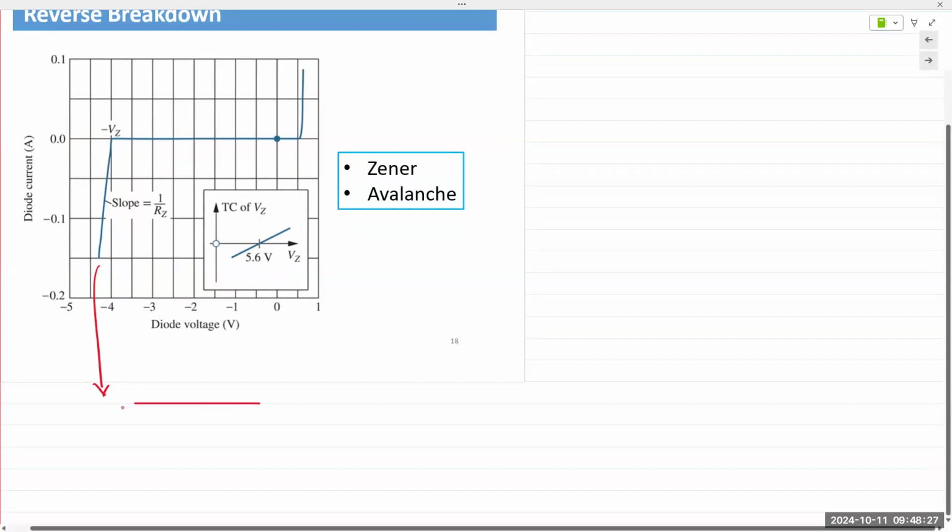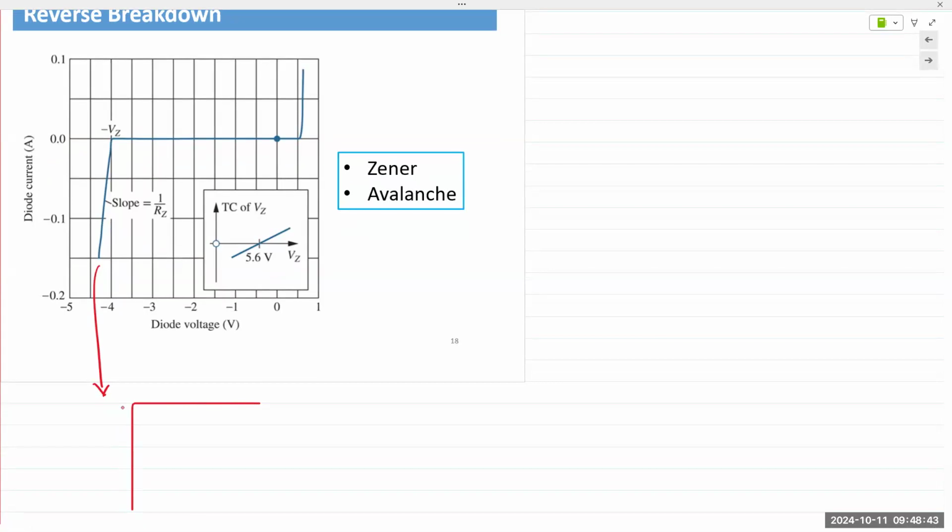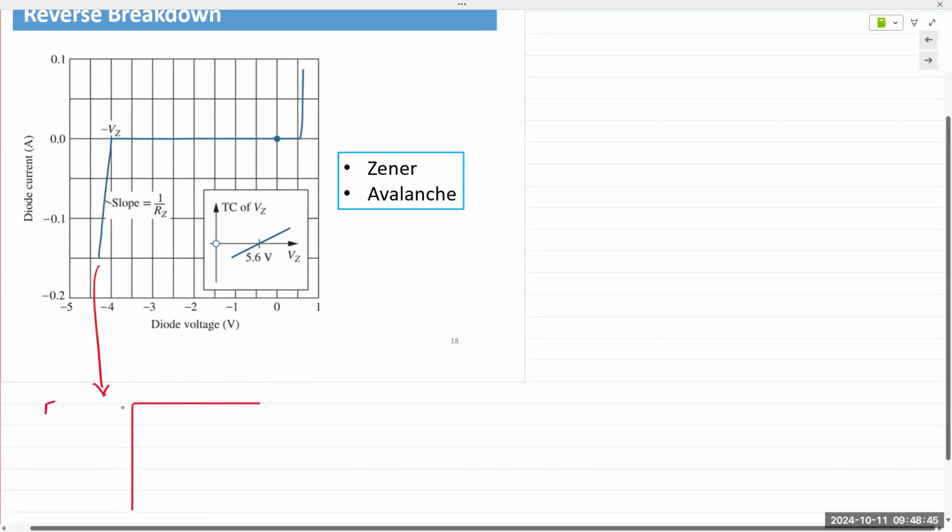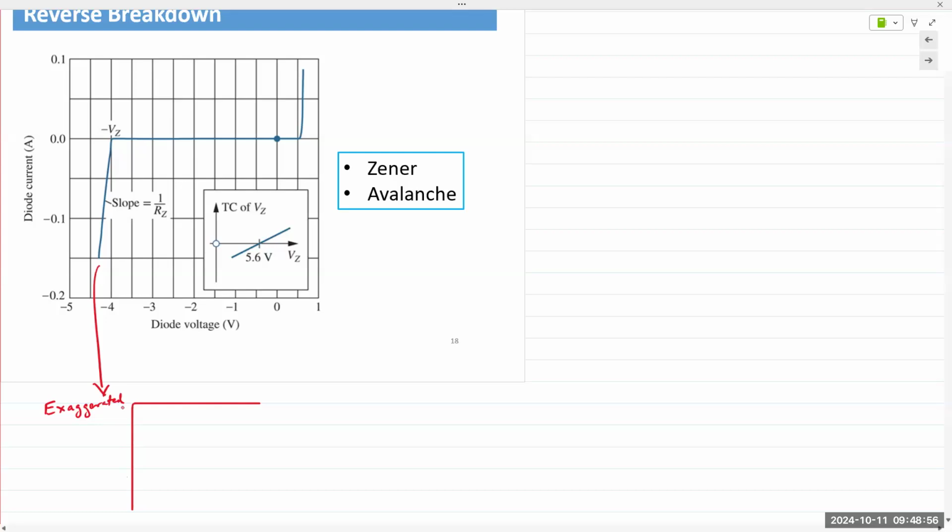Typically, it looks like this. Actually, let's do this. So this is the reverse bias, and the slope is exaggerated. It's almost a near straight line like this.